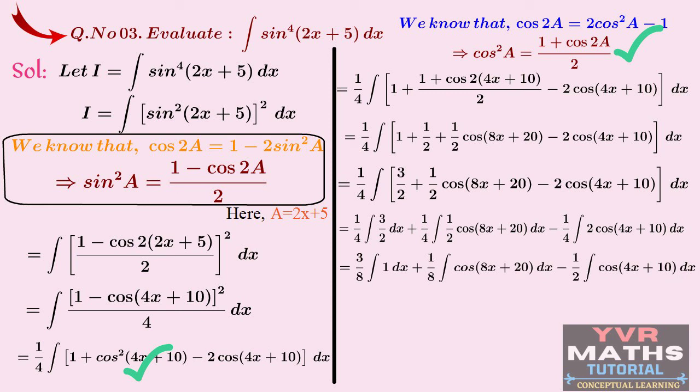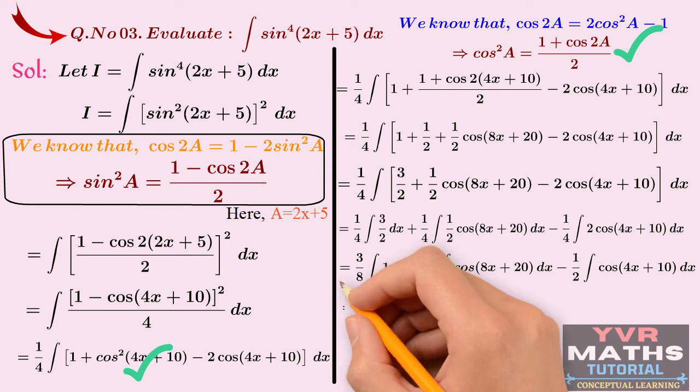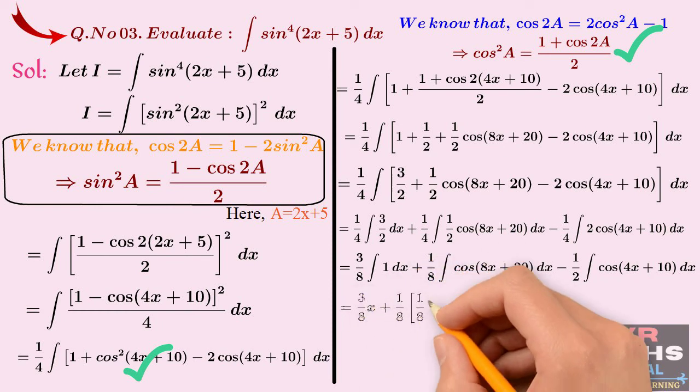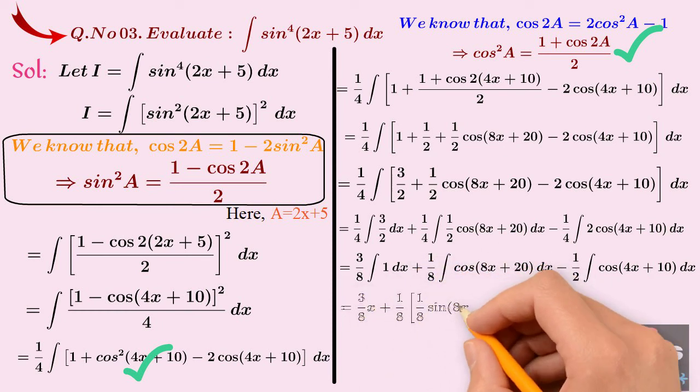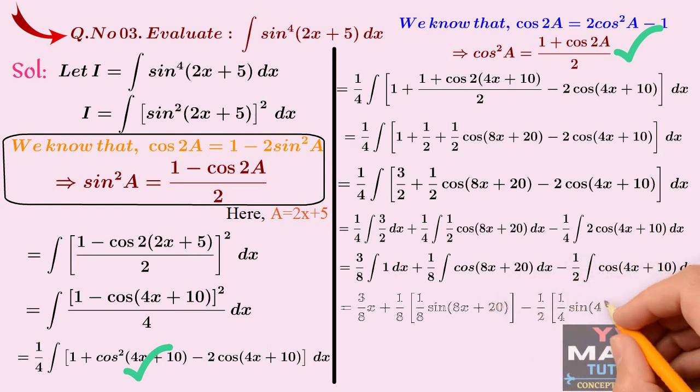We know what is the integration of 1 and we know what is the integration of cos of ax plus b. So if we apply those formulas, then what we will get in the next step? See here, 3 by 8x plus 1 by 8 into 1 by 8 sine of 8x plus 20 minus 1 by 2 into 1 by 4 sine of 4x plus 10 plus c.